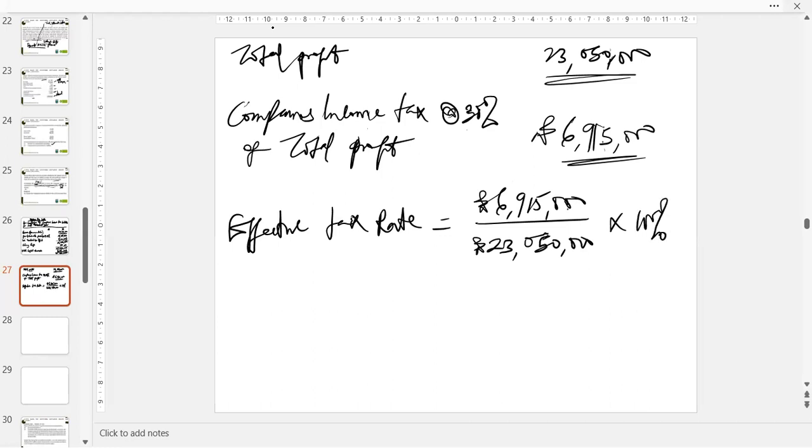So what do we have? 30%. Our effective tax rate is 30%.